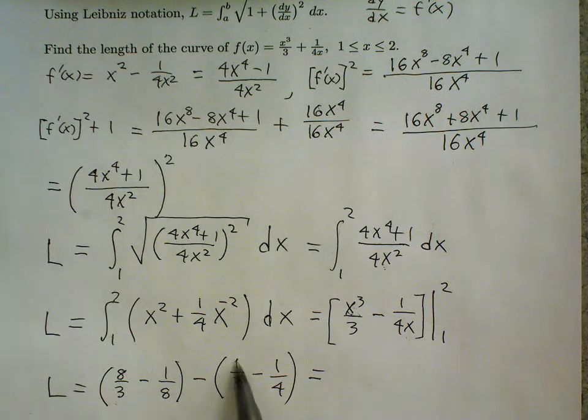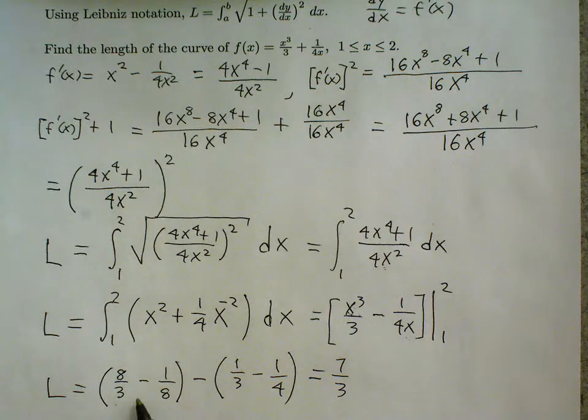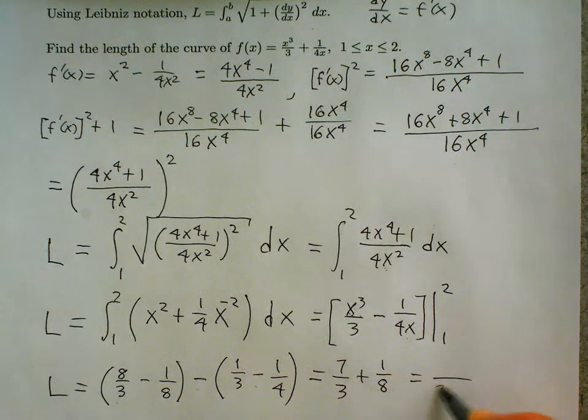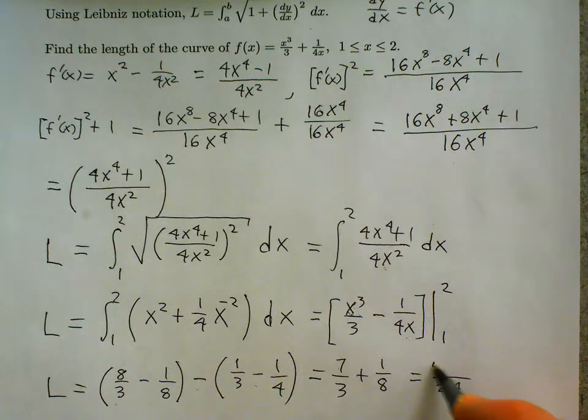8/3 minus 1/3 is 7/3. And minus 1/8 minus negative 1/4 is plus 1/8. And then a common denominator of 24. And 7 times 8 is 56.